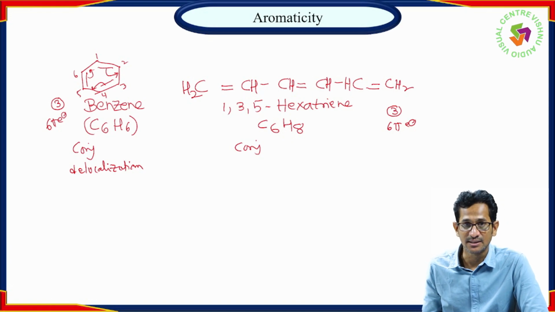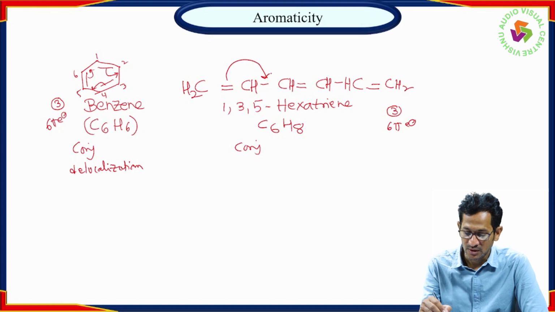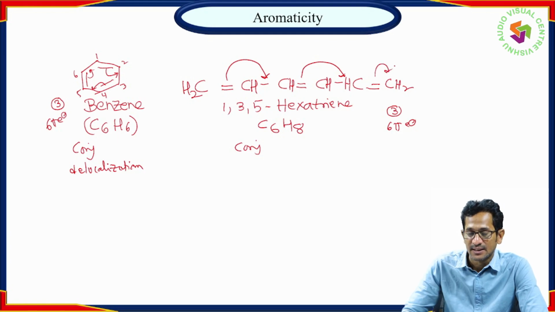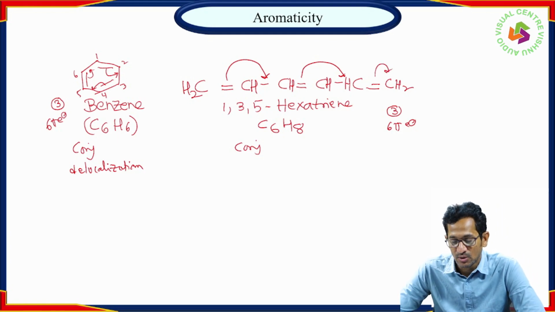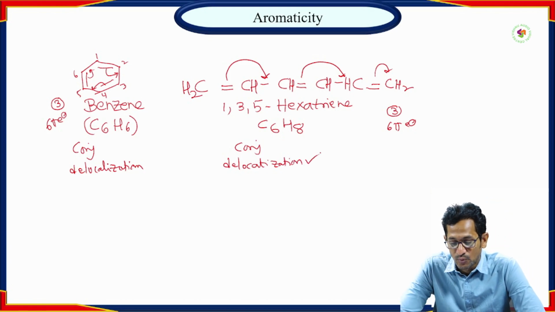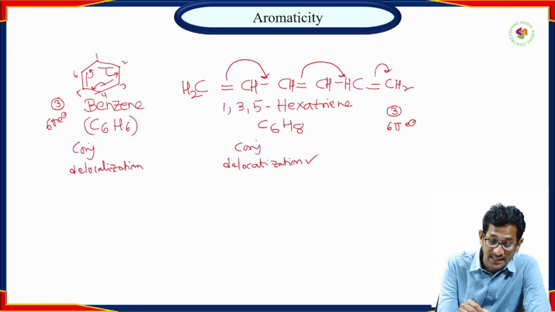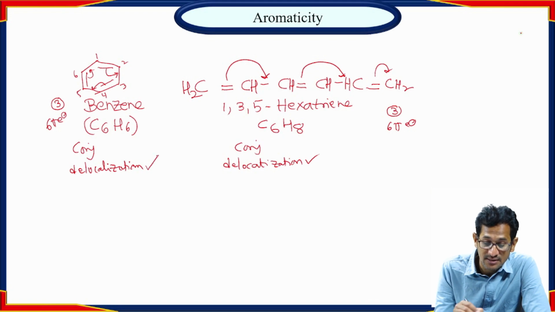Now see here in hexatriene also, the double bond is shifting from 1-2 to 2-3, like this. Here also delocalization is observed. Delocalization is also observed in the case of 1,3,5-hexatriene. But in benzene the delocalization is continuous, in a cyclic manner.